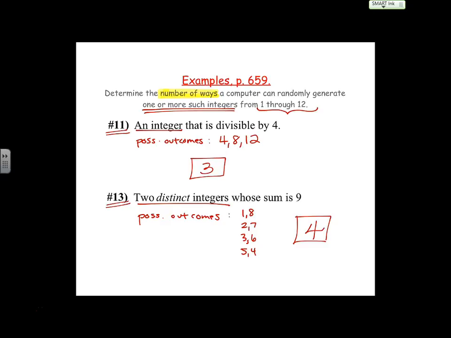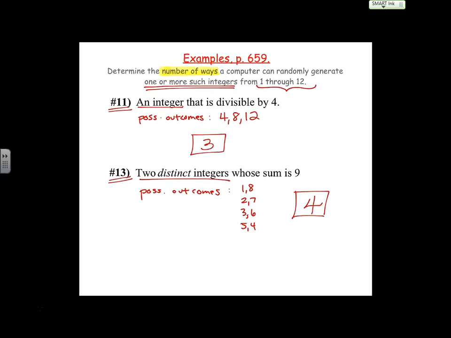What do you think it relates to better? A systematic way of doing it. Isn't a computer systematic? So if a computer is systematic, how many total ways could a computer pick 2 integers, 1 through 12? How many numbers are there, 1 through 12?